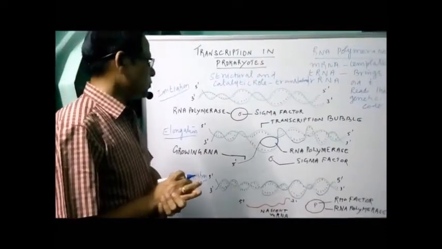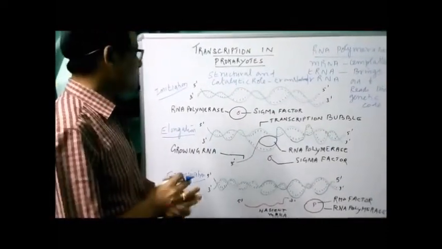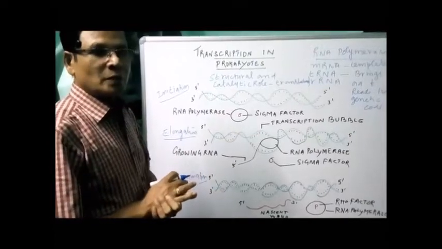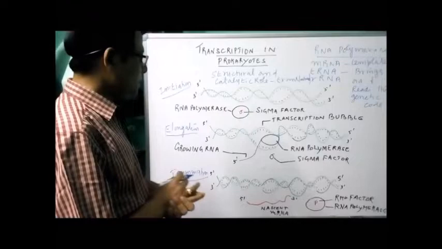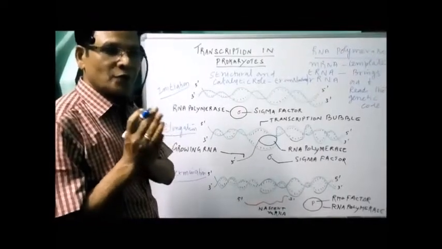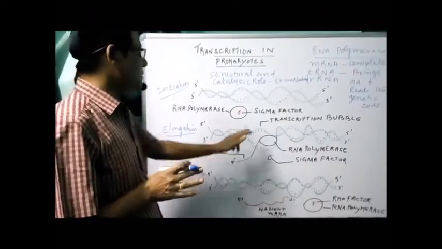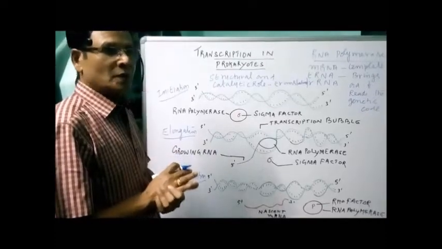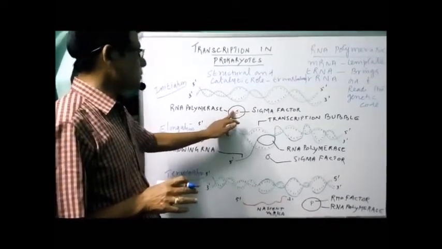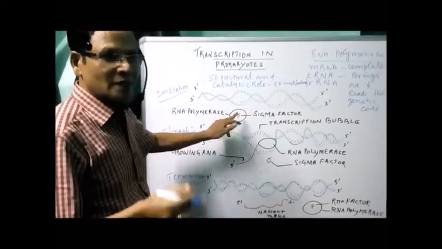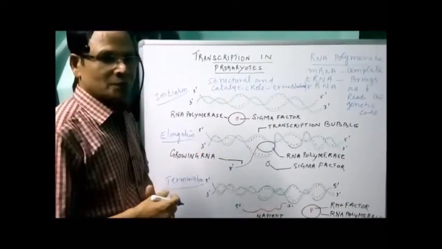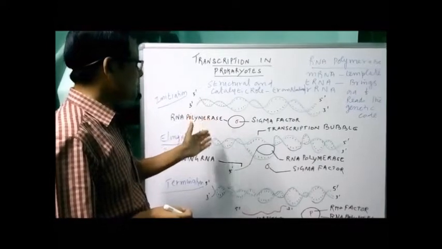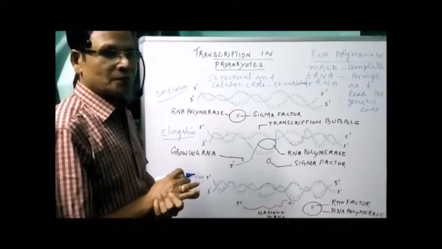Now, you see that one, we have the starting point. The RNA polymerase cannot initiate the process of transcription. It needs the help of a factor. That factor is called sigma factor. The sigma factor associates with the RNA polymerase transiently, temporarily, to initiate the process of transcription.